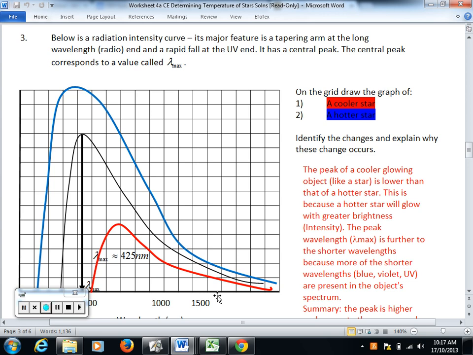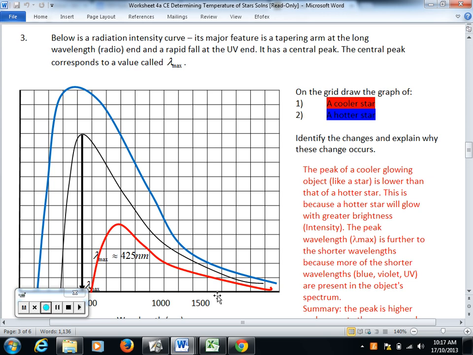The next one here, I've drawn a blue curve, because hotter objects would appear towards the bluer end of the colour glow spectrum. And what have I noticed firstly about my peak? The peak is high. What does that indicate about the object that's glowing? It's brighter, much brighter. And what's happened to the actual peak itself?